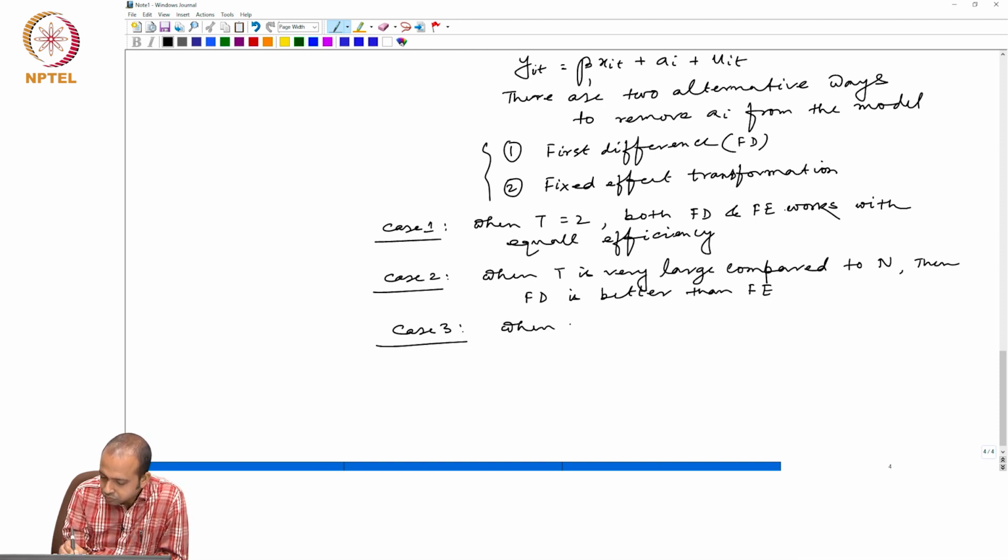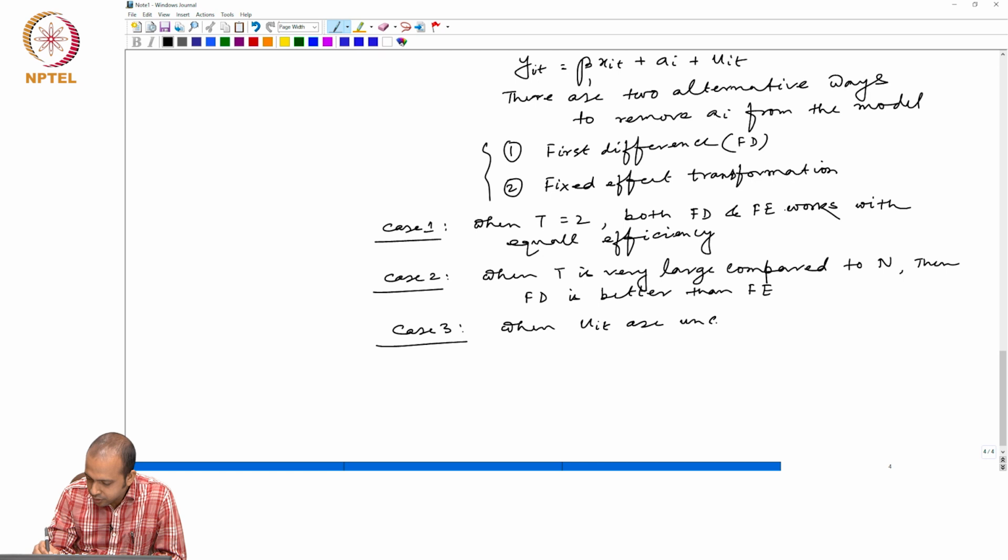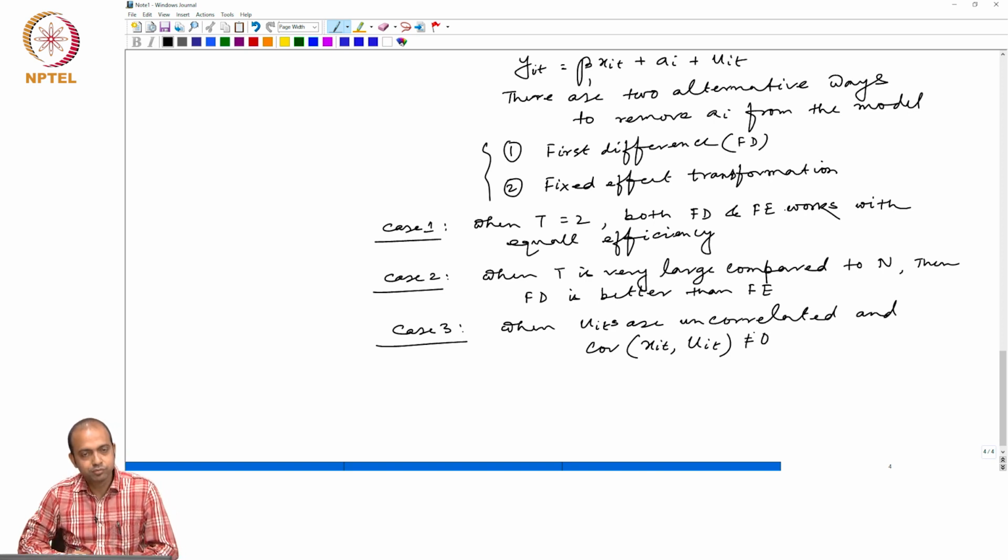Case 3, when UIT are uncorrelated and covariance between XIT and UIT not equals to 0.